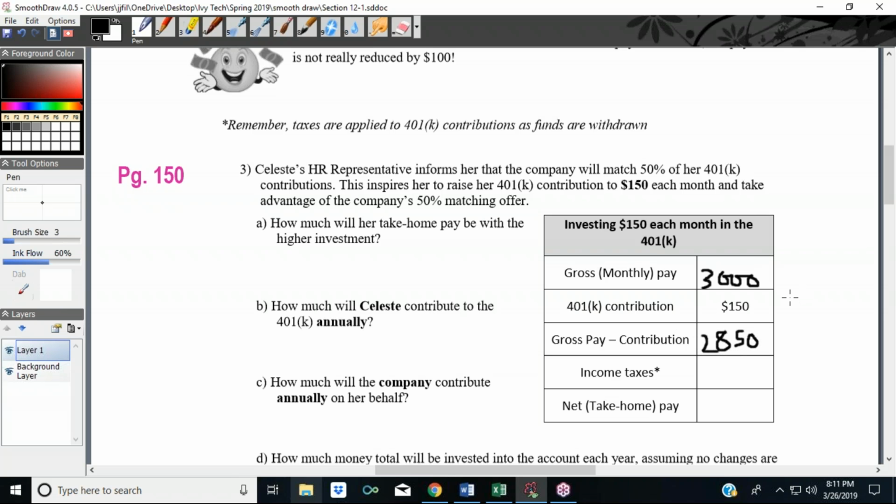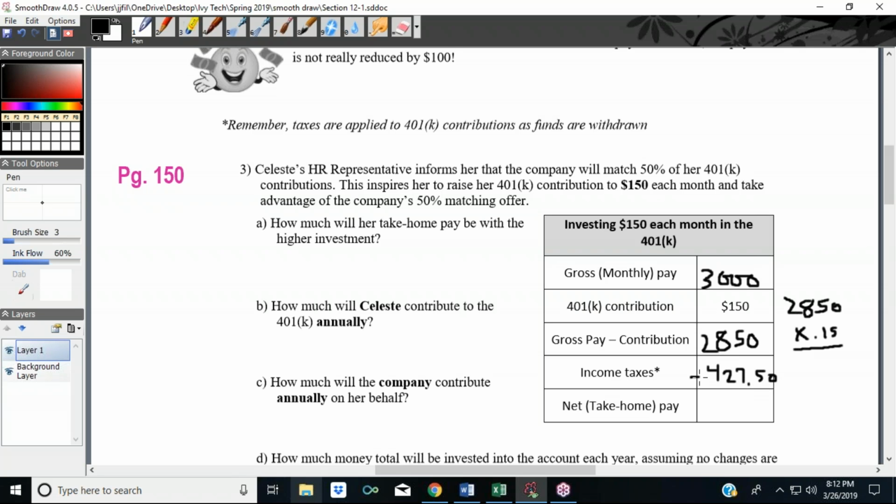So the taxes on $2,850, again, we're going to do times 15%. And Pamela, there we go. Don't forget the cents on the end. So $427.50.